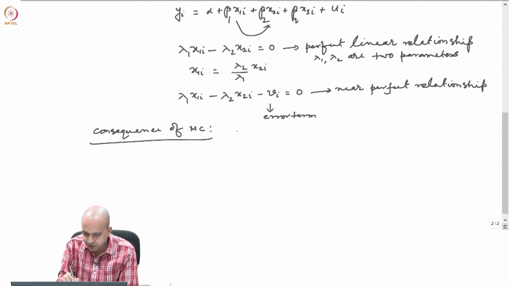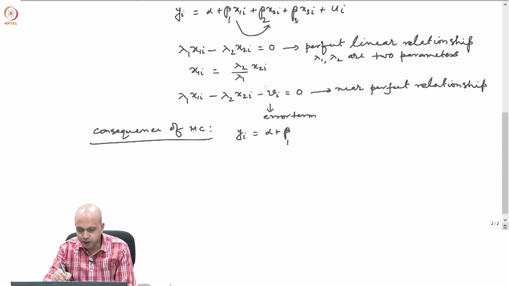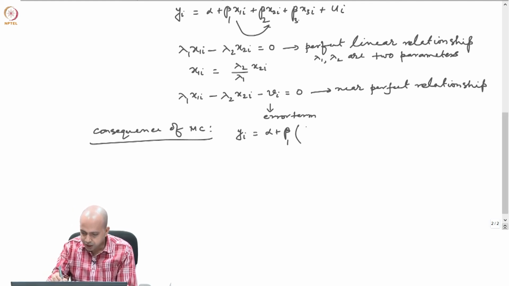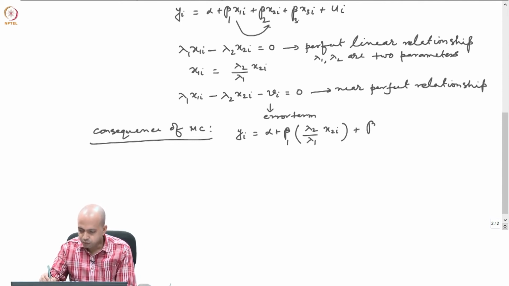Then yi equals alpha plus beta 1 into, in place of x1i, lambda 2 by lambda 1 x2i, plus beta 2 x2i plus beta 3 x3i plus ui.